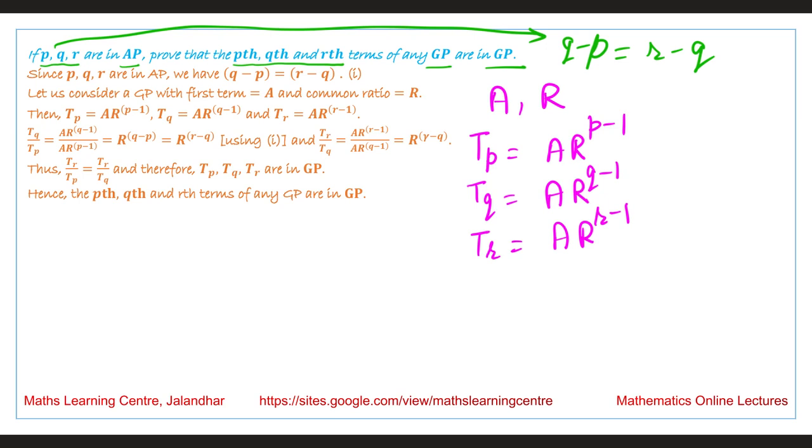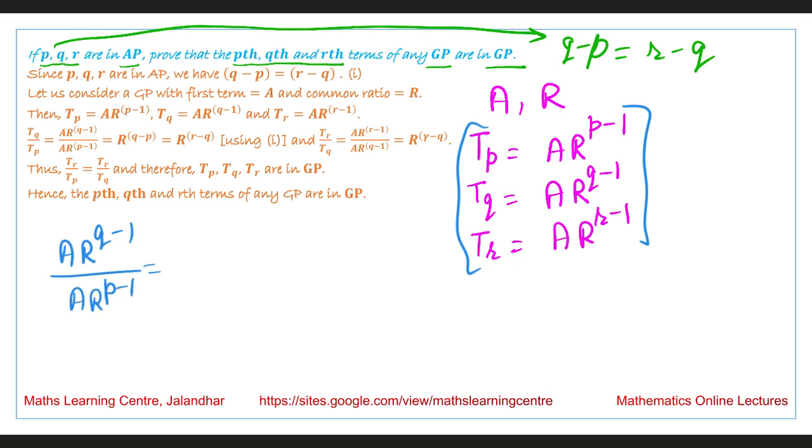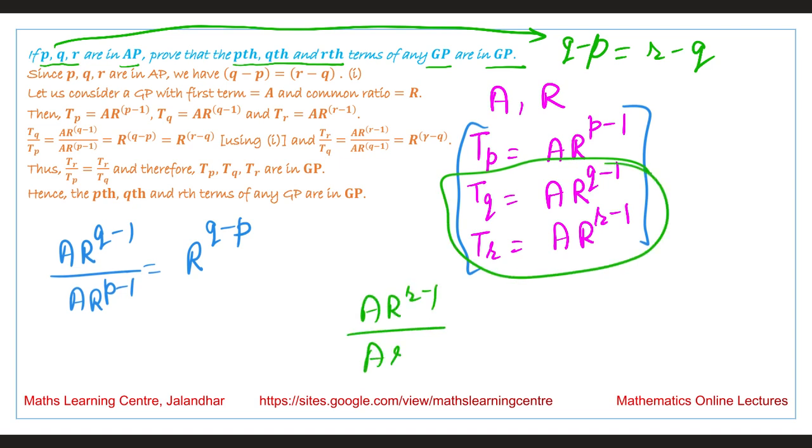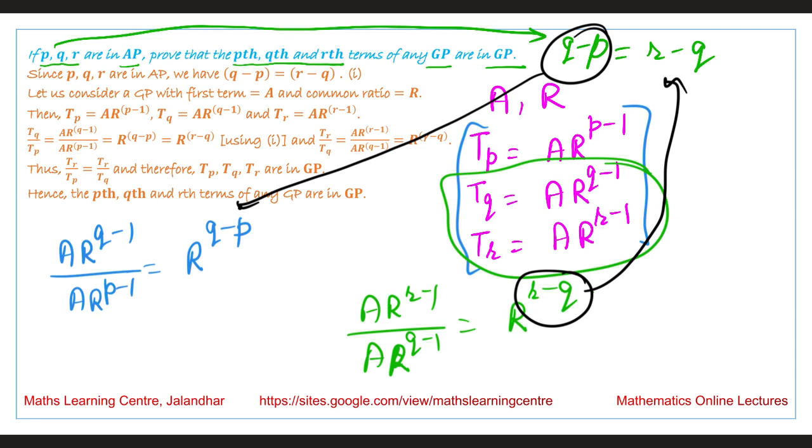Now we have to prove that these three terms are in GP. So if we calculate the value of A R raised to the power Q minus 1 over A R raised to the power P minus 1, the answer we obtain is R raised to the power Q minus P. If we calculate the ratio of these two terms, A R raised to the power R minus 1 over A R raised to the power Q minus 1, the answer we are obtaining is R raised to the power R minus Q. Look at this value, R minus Q, that is equal to Q minus P. So what we obtain is that TQ by TP is equal to TR by TQ.